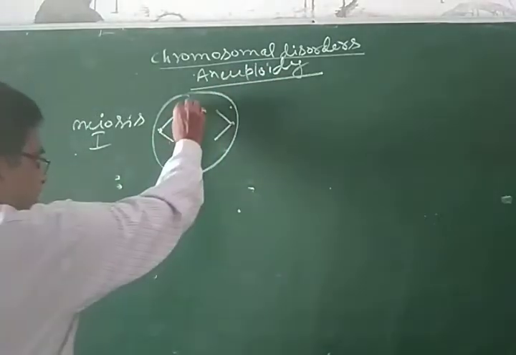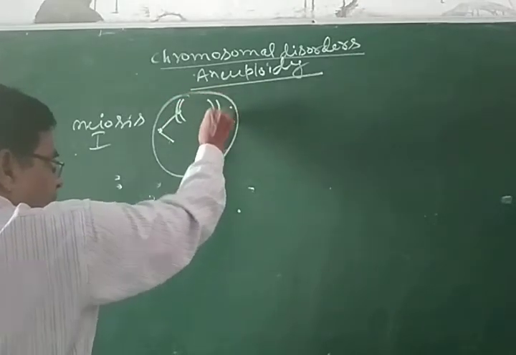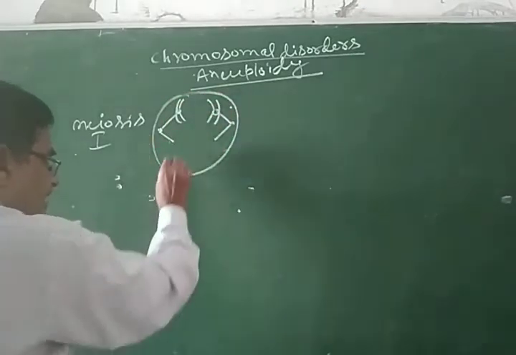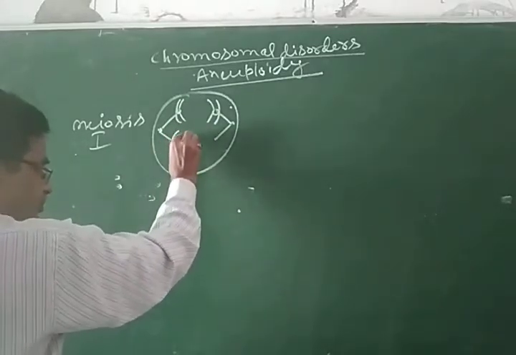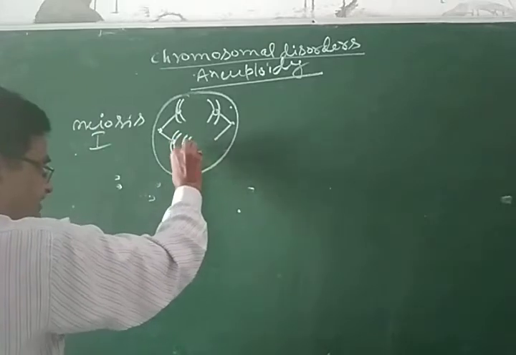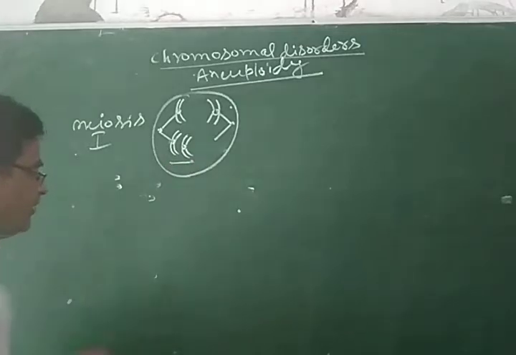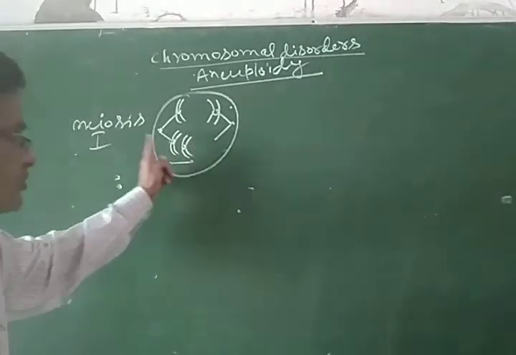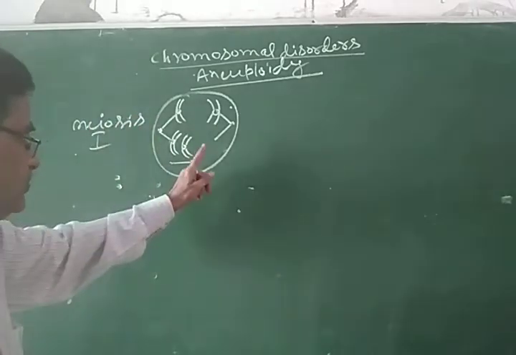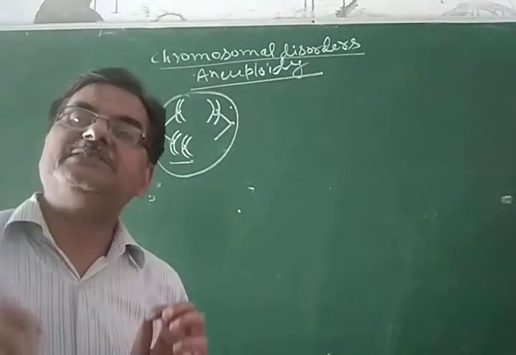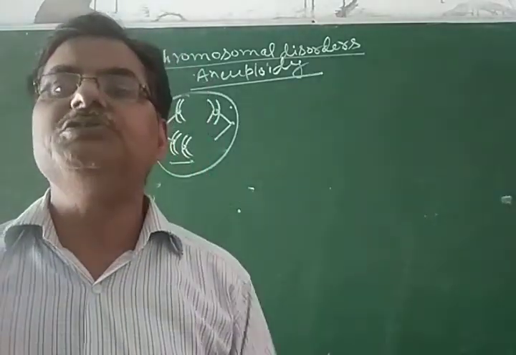Suppose this is one pair of homologous chromosomes, and this is another pair of homologous chromosomes, and suppose both these homologous chromosomes move towards one pole. Normally, in anaphase the homologous chromosomes move towards opposite poles.